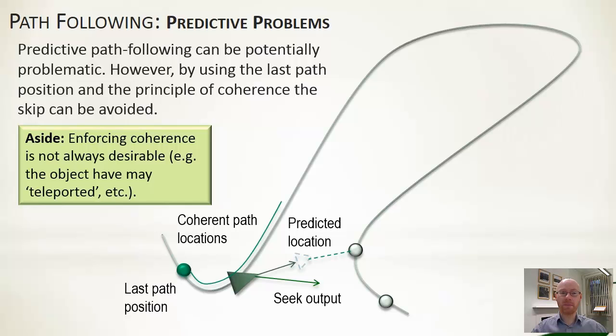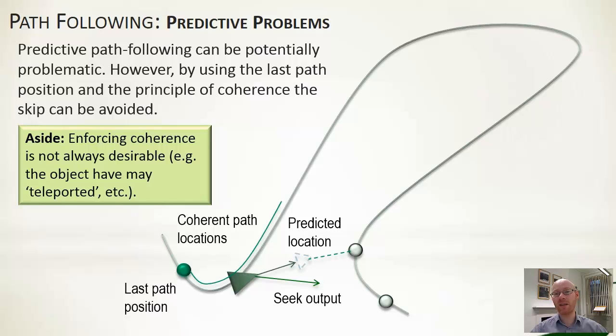So in this case, there's a danger with the predictive setup that we could miss out a complete loop on our path. An easy way of getting around it, which was sort of mentioned in the last slide, is that we can pass in the current position, the parameter that determines how far along the path we are. So this is our parametric value. And then whenever we get back the projected value, if we're using the current value, we can constrain that to be within a defined region of the path.